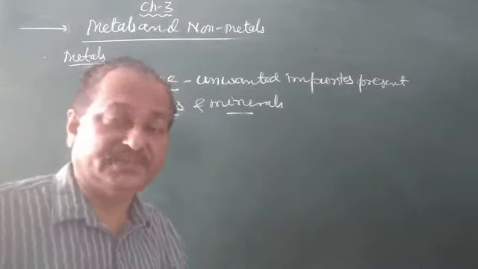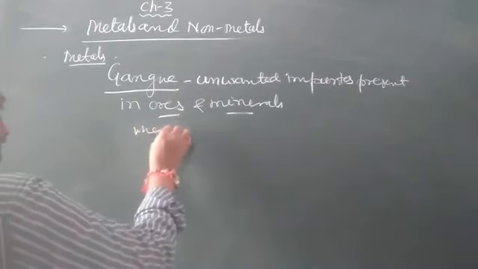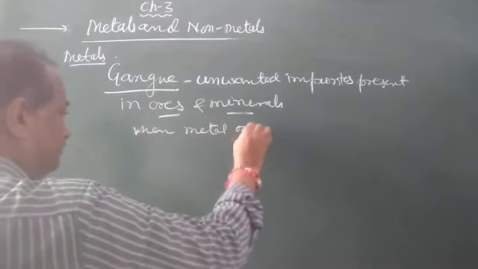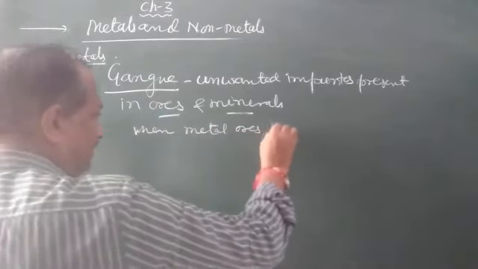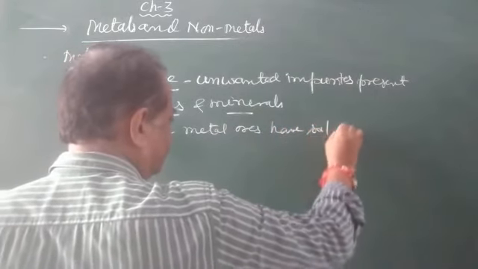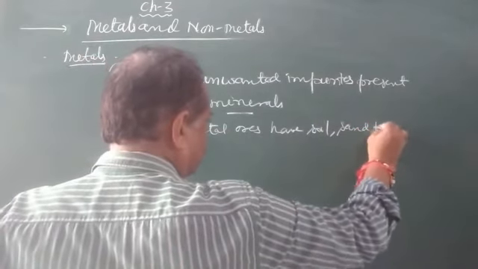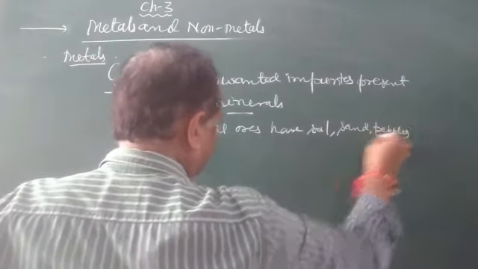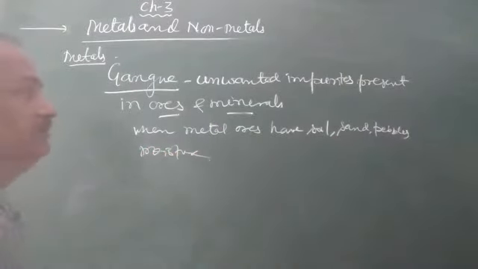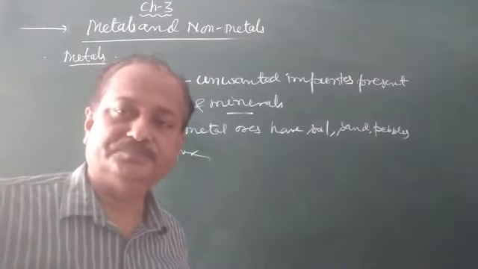This is the basic difference. When metal ores have soil, sand, pebbles, moisture, they make the gangue uneconomical.